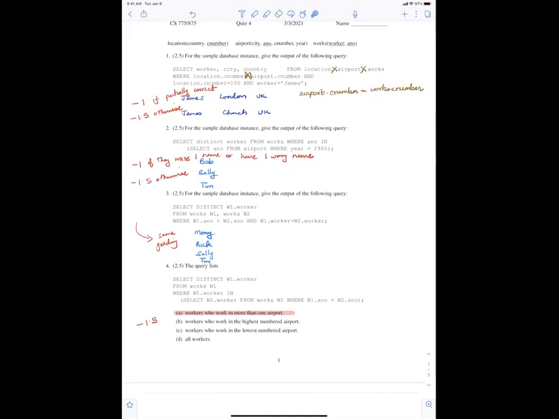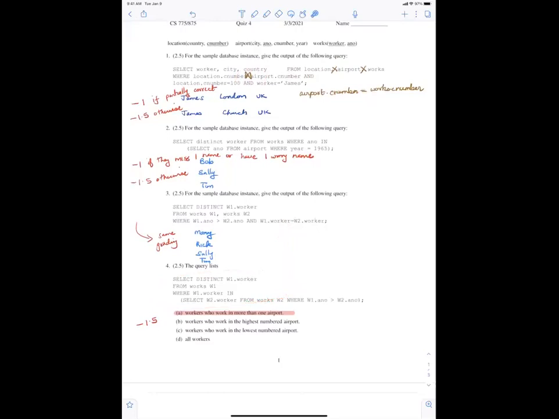I have a question on the last one. Number 4. Oh, this, just want to increase the volume. Yeah, so the last one is actually, this query is identical to this query, in terms of output.